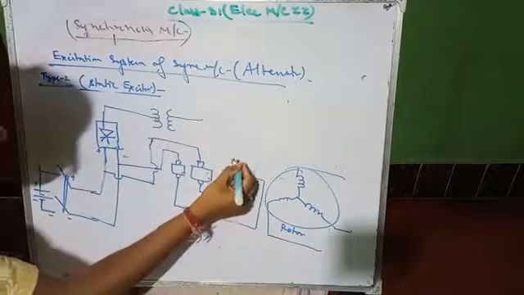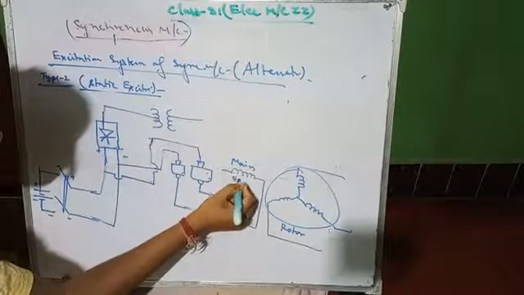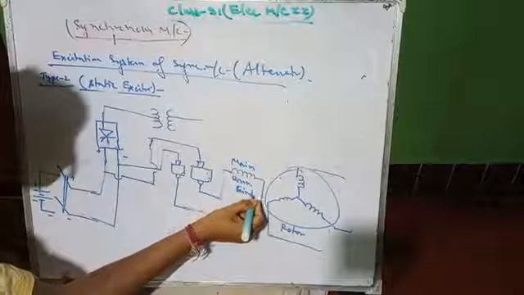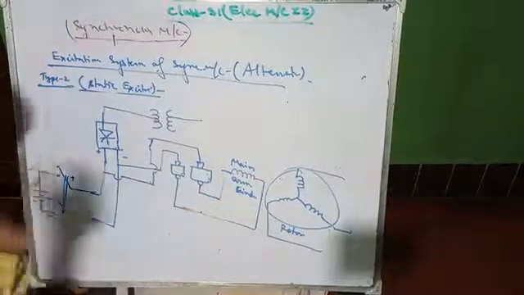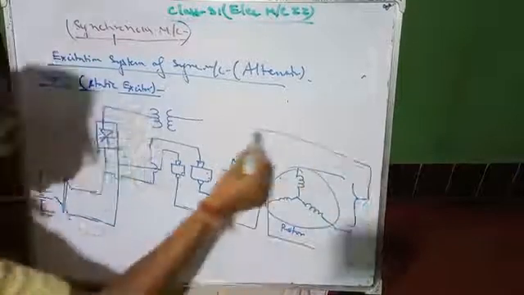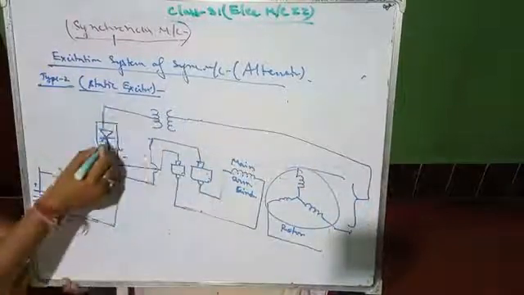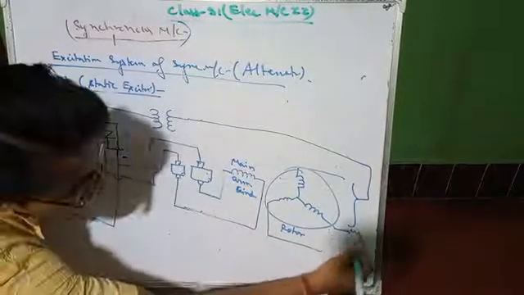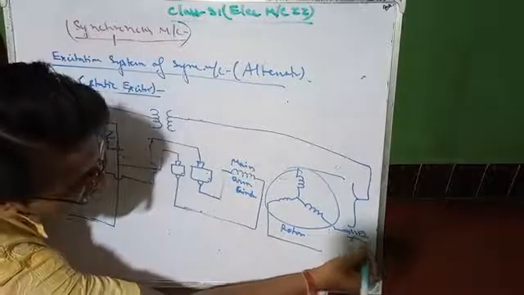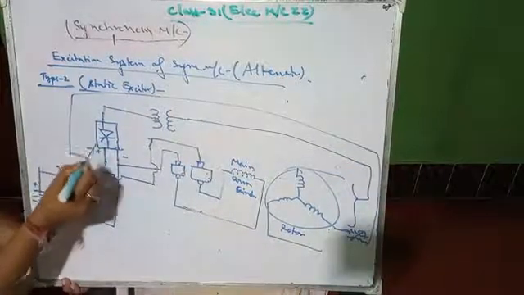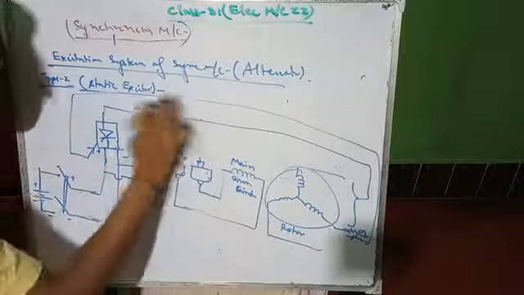This is the main armature field. Armature winding, main armature winding. And due to this two-phase concept, it will be a feedback control, right? It will be a feedback control. And through this current coil, it will be triggered.